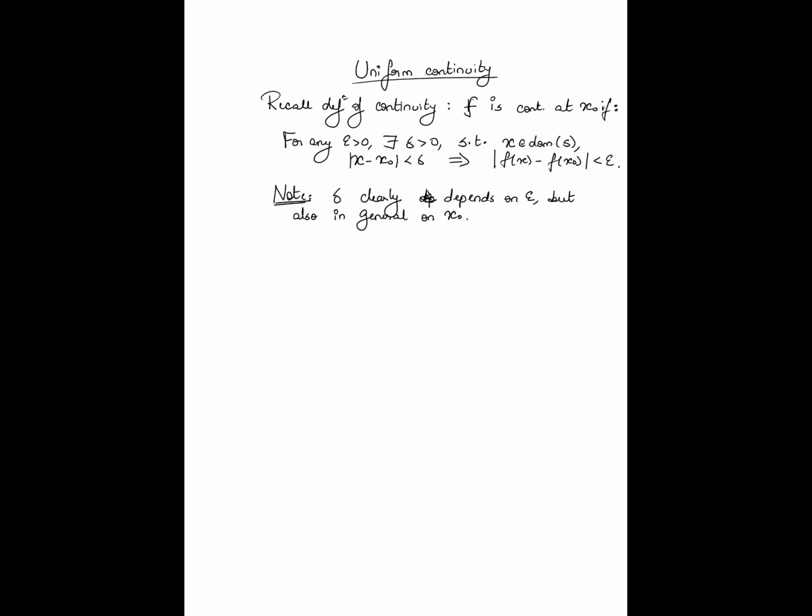So what uniform continuity does is basically eliminate this dependence on x0. So this dependence on x0 can be thought of as a location dependence, right? So it eliminates this location dependence.